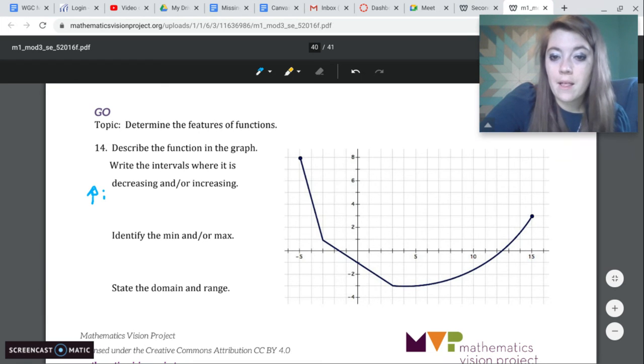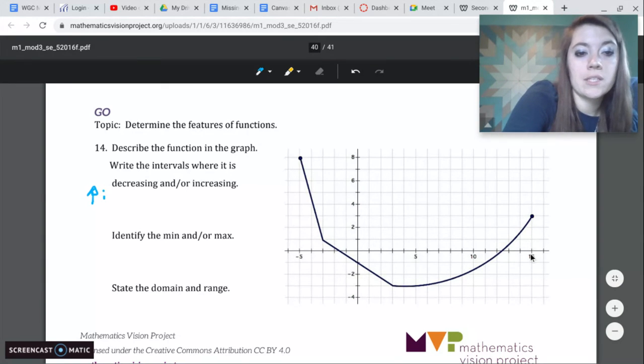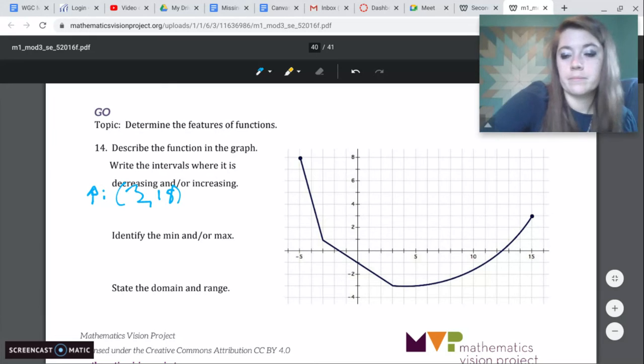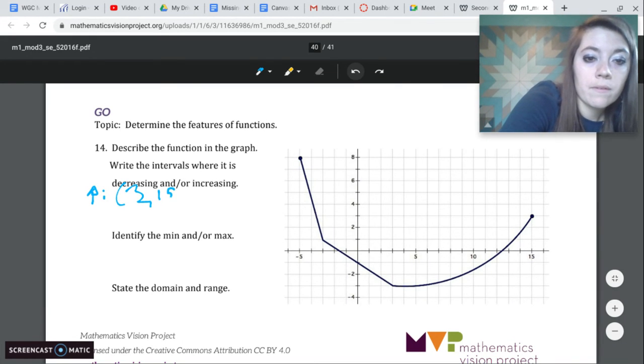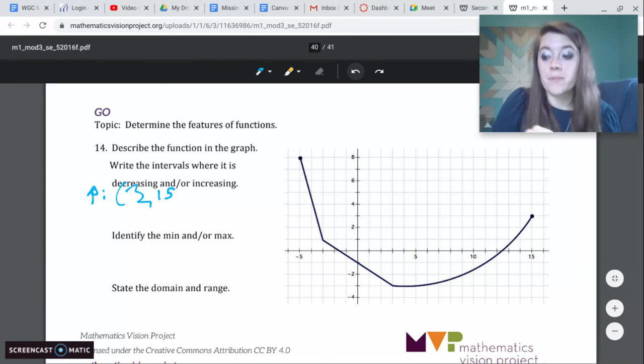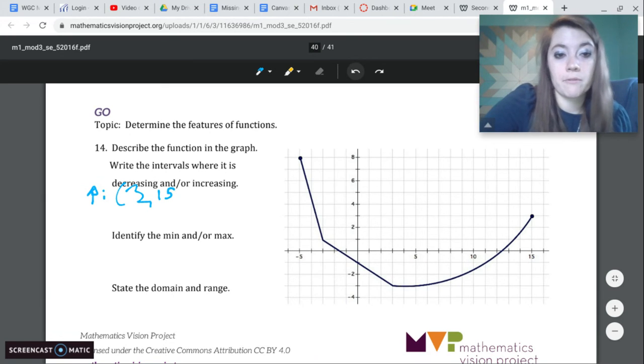Once we're here, then we start the curve back up all the way until our function ends at 15. So it's increasing from 3 to 15. That's supposed to be 15, now 18. We'll just leave it like that. There should be a parenthesis on the end, but I'm not going to fight it.